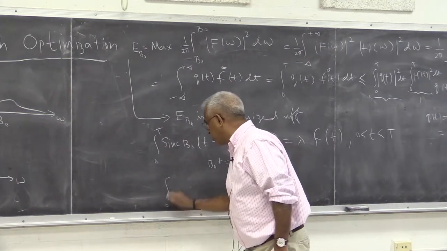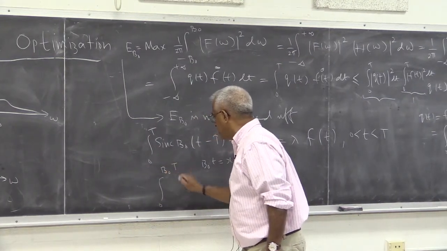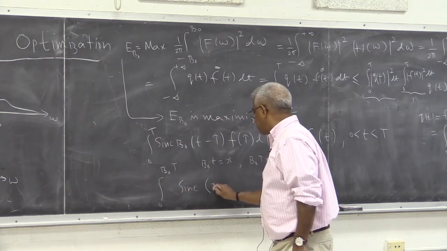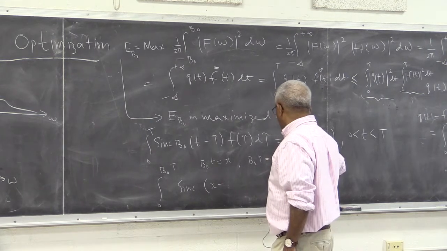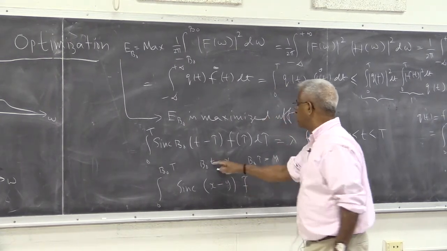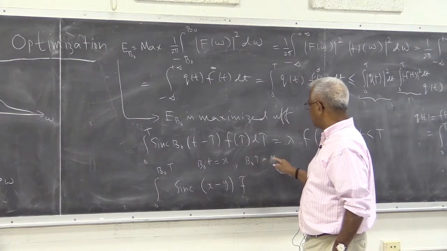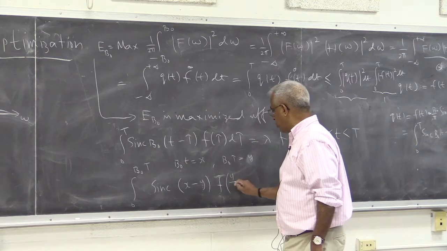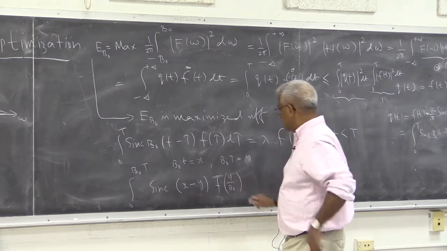So this expression reads now b naught t sinc x minus, let's say this is u or y, whatever, x minus y. Then notice that tau is y over b naught. So this is f of y over b naught.